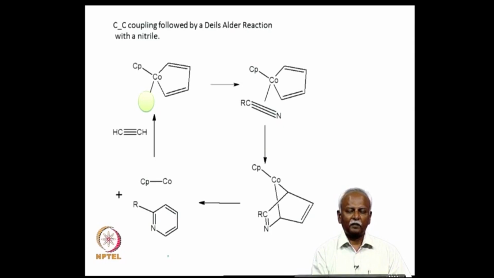So, you can vary the molecule in such a way that the 2 steps can be distinguished. The very fast formation of the metallocyclopentadiene and the subsequent Diels-Alder addition can be distinguished. They appear to be 2 separate catalytic cycles.